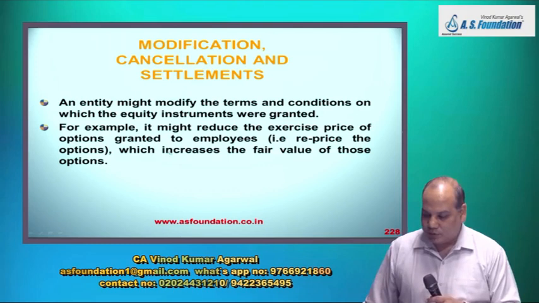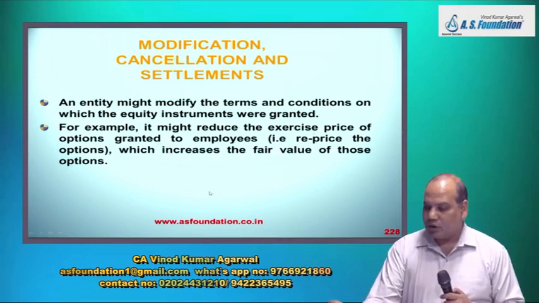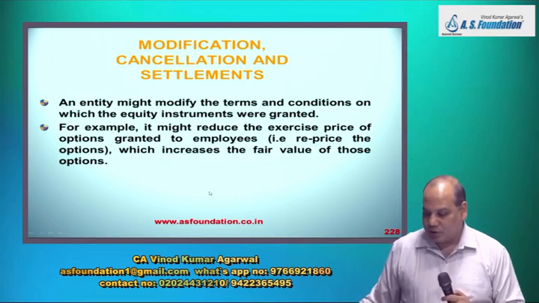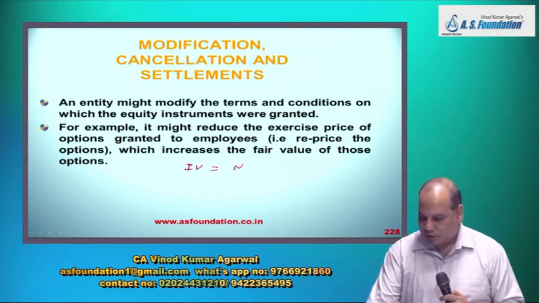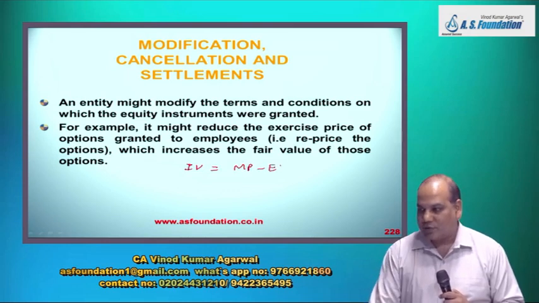So for example, it might reduce the exercise price. Now, how does reduction in exercise price affect the fair value of an option? Do you have any idea? See, normally intrinsic value is market price minus exercise price.